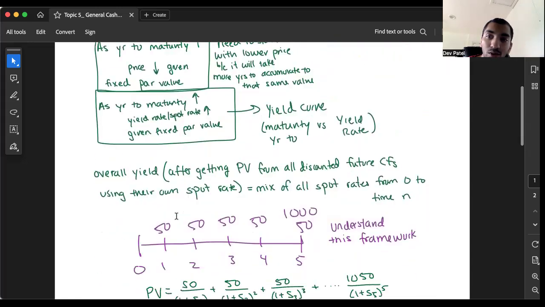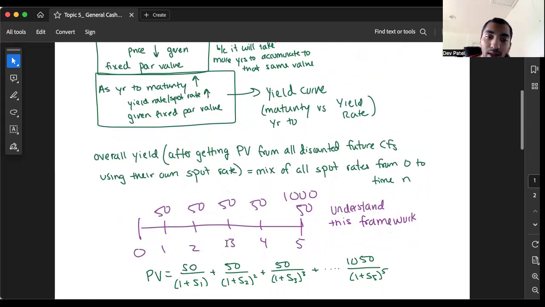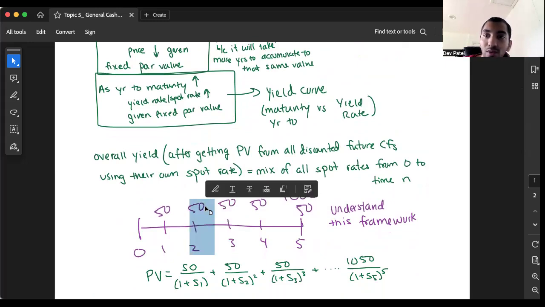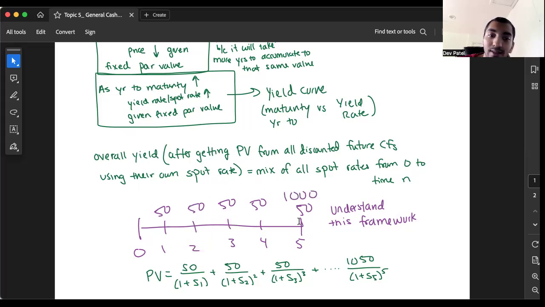So for example, if the spot rate at 3 is S3, then for the 50 that's paid at time 3, every single year back we discount it by the factor of S3. For year 2, every year we discount that payment, we discount it by the spot rate at year 2. Same for year 5. So you can think of each spot rate as an interest rate for every individual time period.